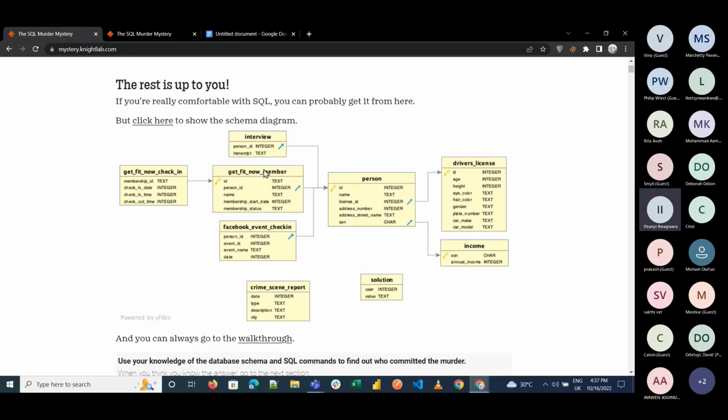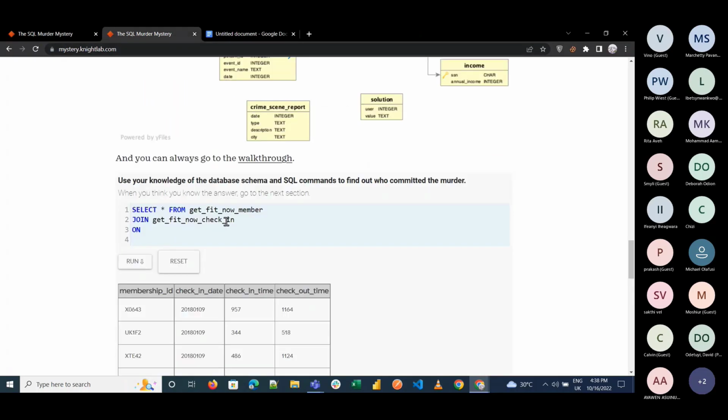Looking at this table, we have the membership ID here. The membership ID of the check-in table is the ID of the Get Fit Now table. If you remember, you check into the gym with your gym ID and not your national ID. To join the tables in SQL, you mention the table.